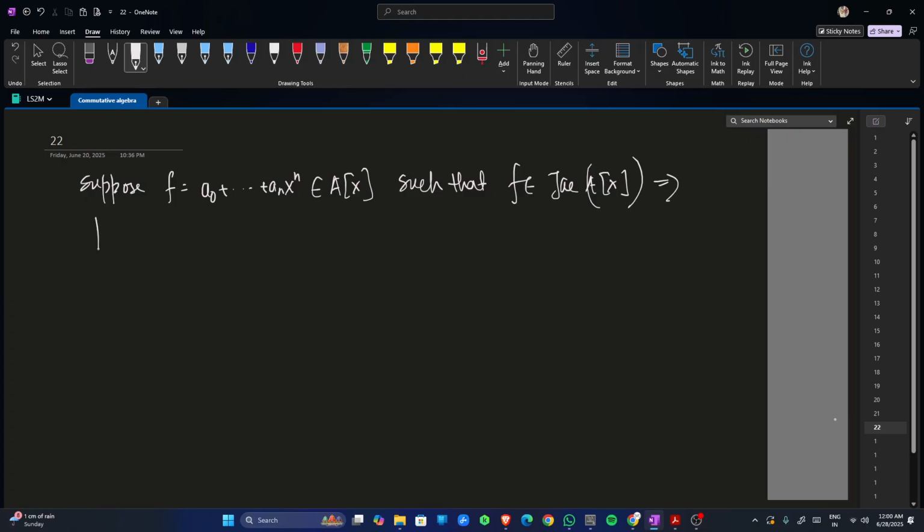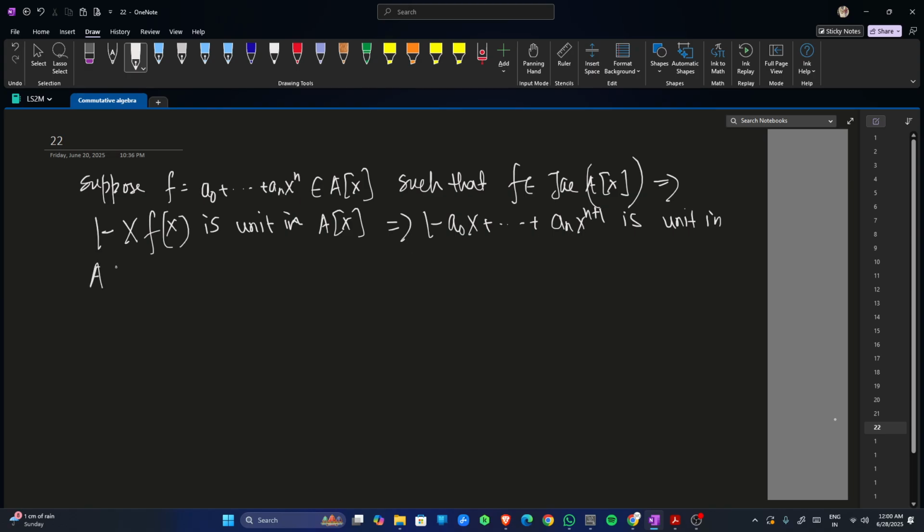This implies 1 minus x f(x) is a unit in A[x]. This implies 1 minus a0 x minus dot dot dot a n x^(n+1) is a unit in A[x].